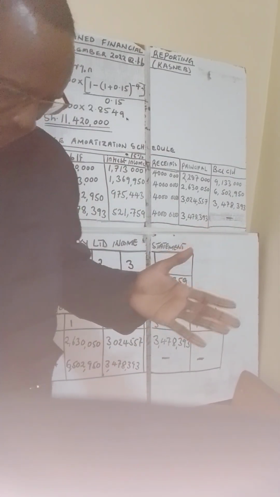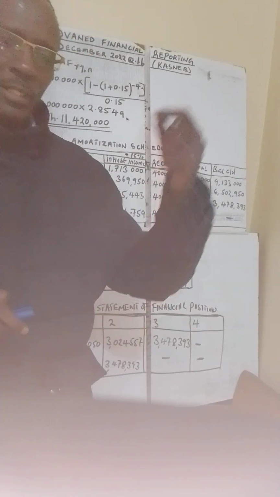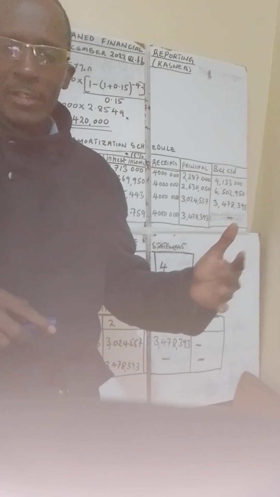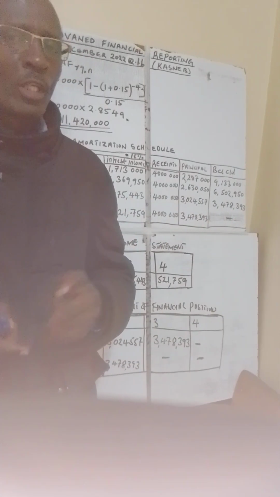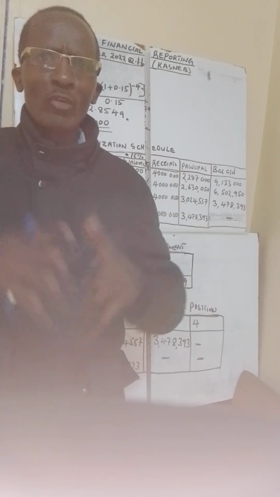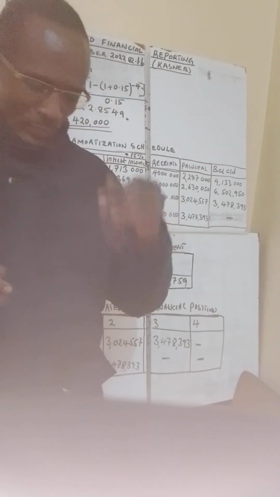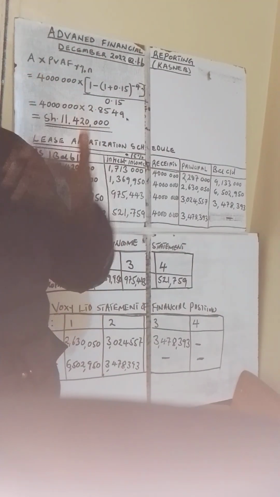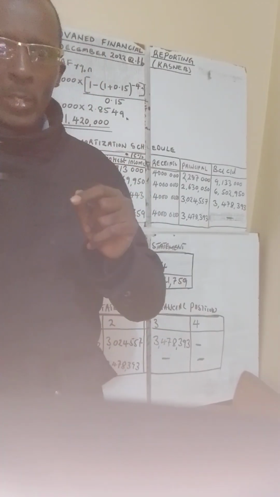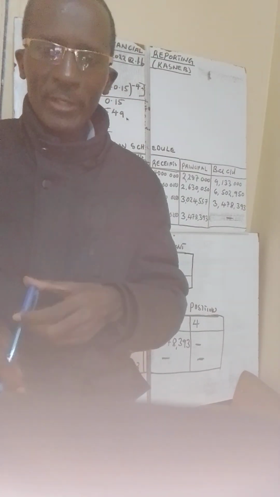So if you are taking advanced financial reporting, I think you should be part of us, so that within the course of 1 month or 1.5 months, that is around 90 days, we should have completed all the chapters for advanced financial reporting. As far as your syllabus is concerned, leasing is in chapter 1.